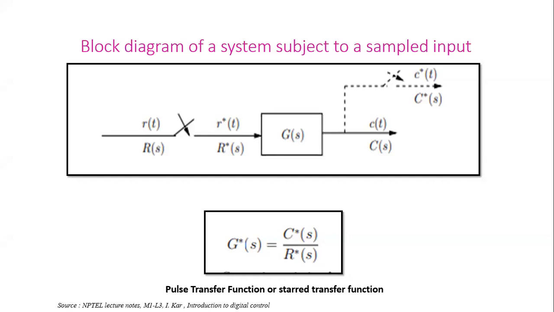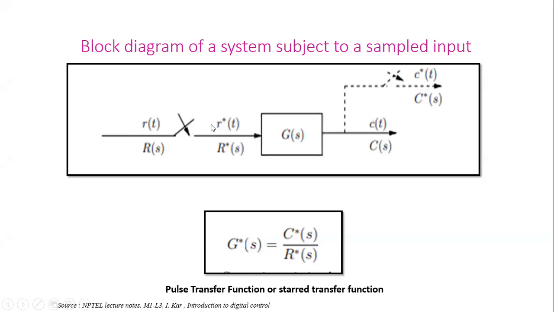Now, when you have a controller, which obviously is digital, the input to the controller will be digital. What did you have all this while? Continuous signals. You have a continuous signal, you are using a controller, and the input to the controller is digital. So obviously you need an element in between which is an analog to digital converter.